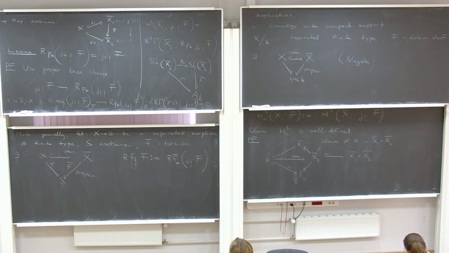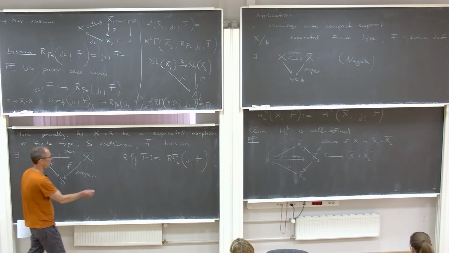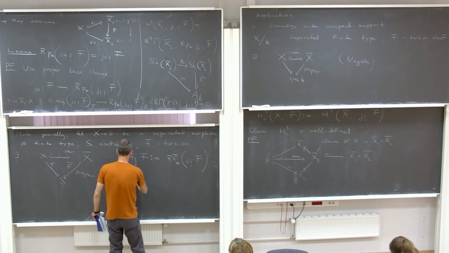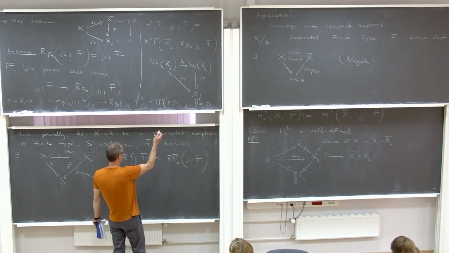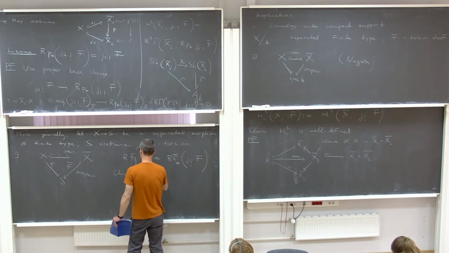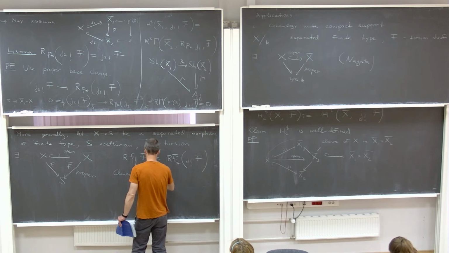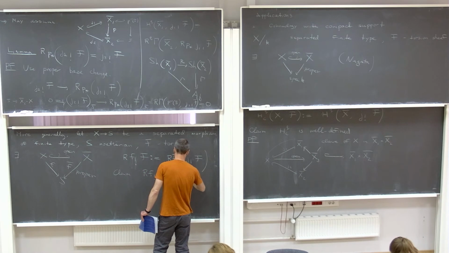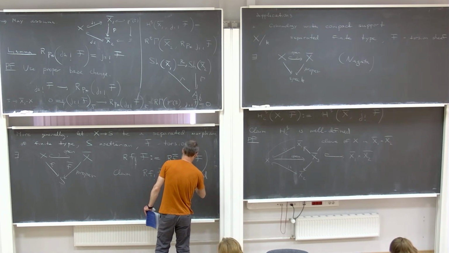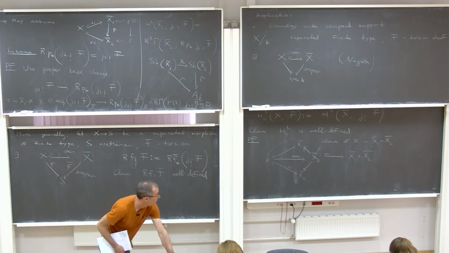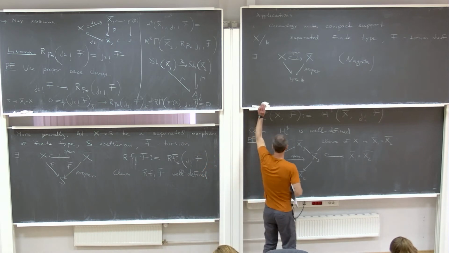Okay. And again, there is a claim. Proof is completely analogous to what we did in the case of a point. So I do not repeat it. This is well defined. So this is very good.